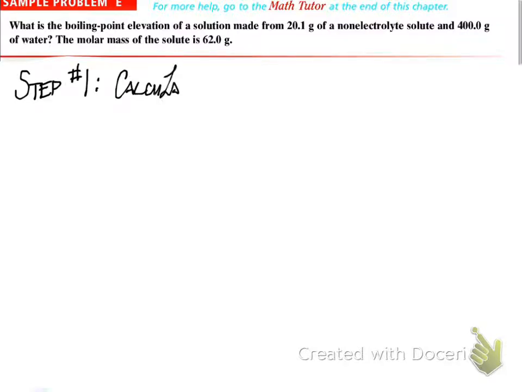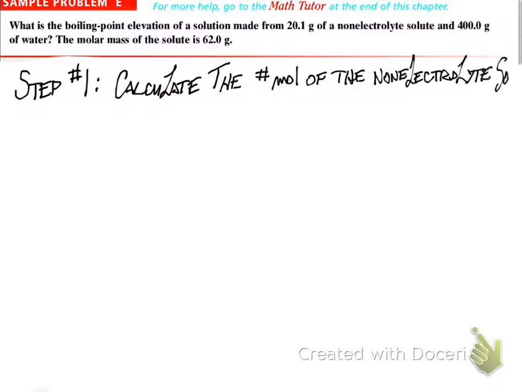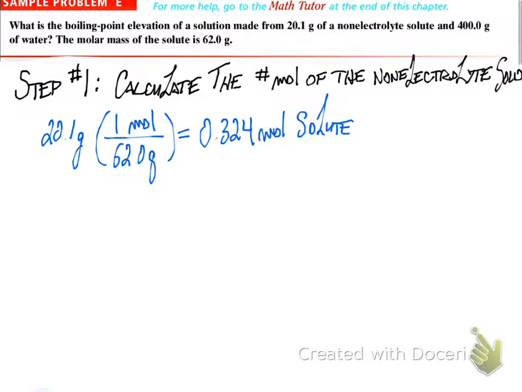Step number 1 is to use the molar mass of this unidentified non-electrolyte solute to figure out the number of moles contained in 20.1 grams. And we do that by setting up the unit analysis problem so that grams gets canceled out, and we're left with moles. We've been doing that almost from day 1 in this class. We must be masters at this point. So we figured out 0.324 moles of solute.